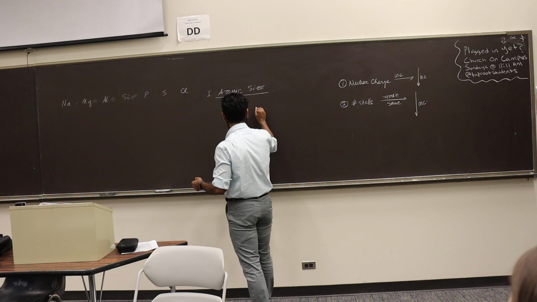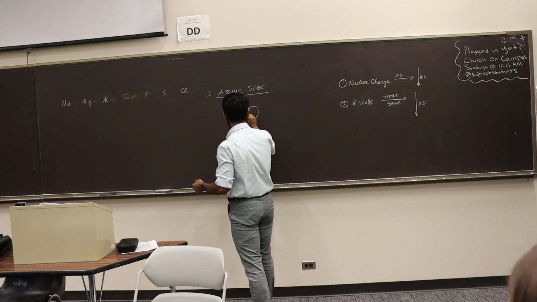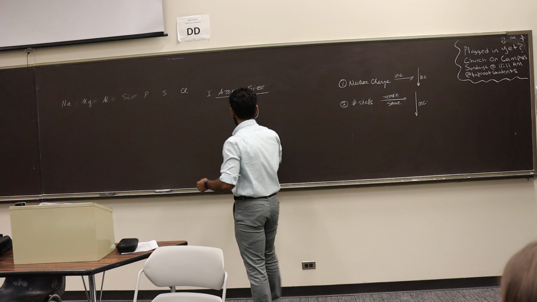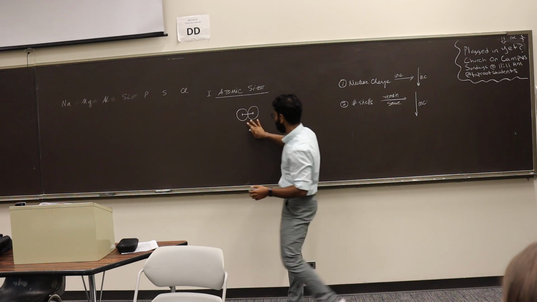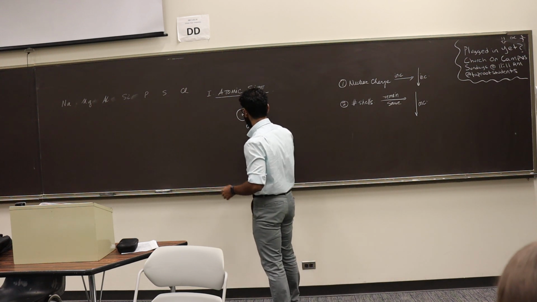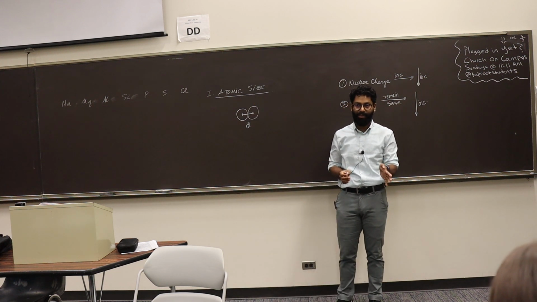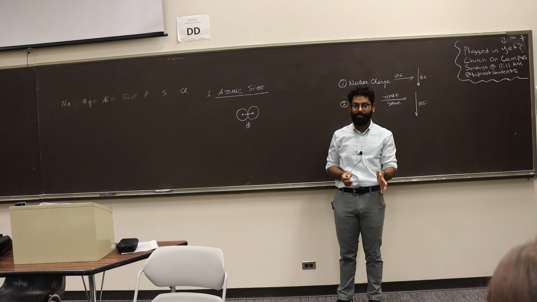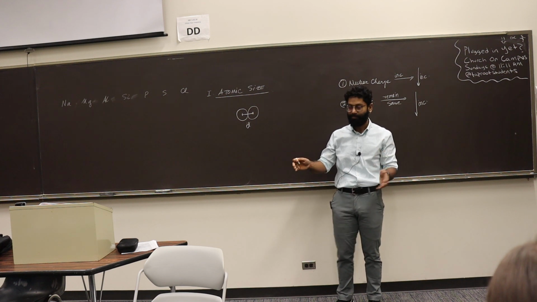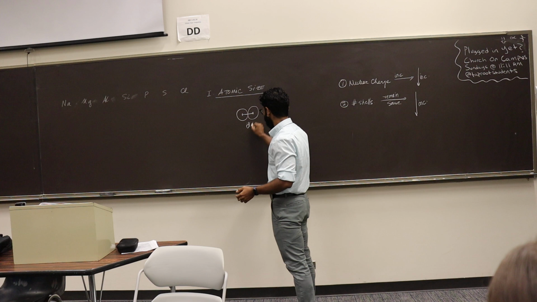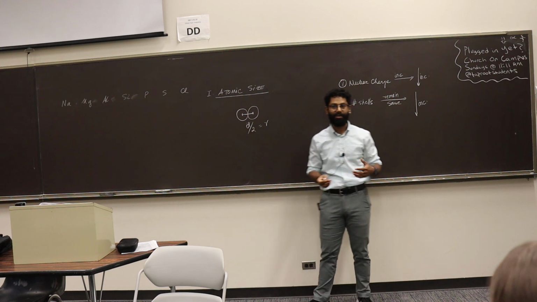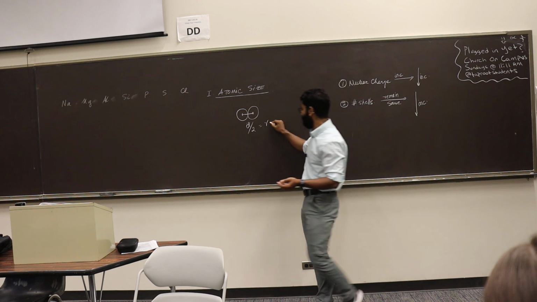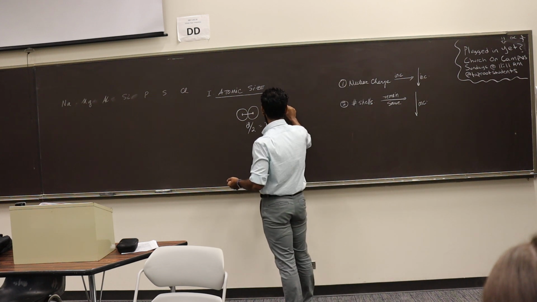So if you have an atom here and an atom here, you connect these two, say this is distance d, from the nucleus of one atom to the nucleus of the other atom. Half of that is called the atomic radius.